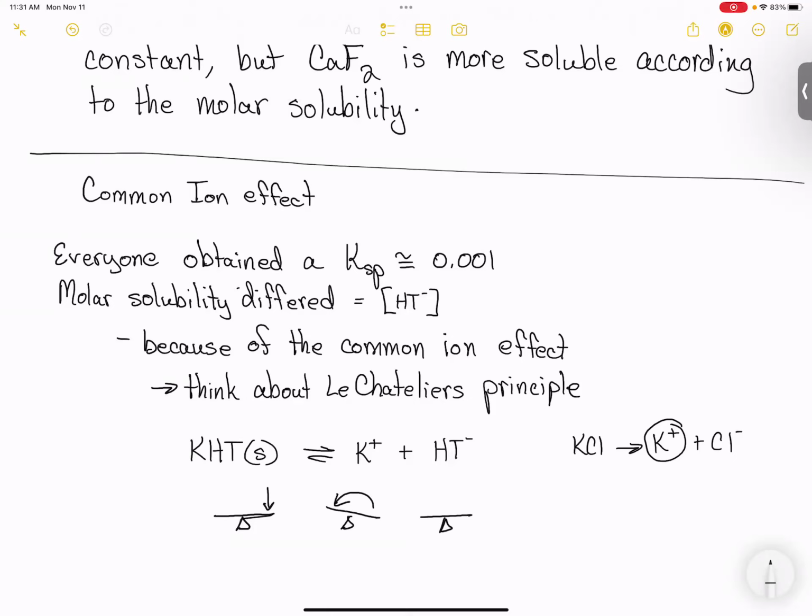If it's shifting back towards the reactants, that means we're going to have less HT. So I would expect that as the KCl concentration increased, or in other words, the K plus concentration before the reaction increased, you would have had less KHT dissolve.